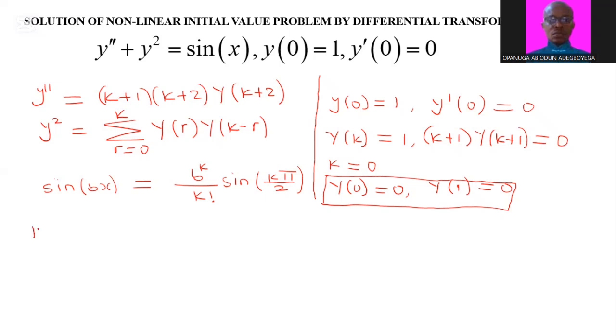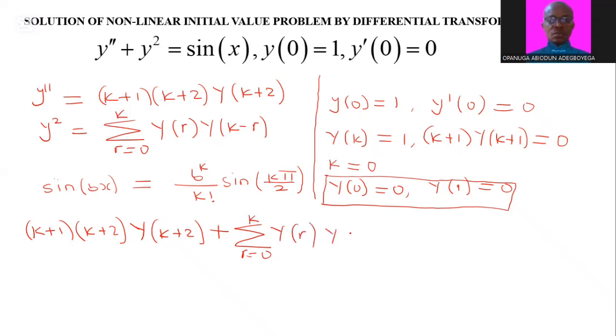So these transformed terms of the differential equation will be substituted into the differential equation as follows. For y double prime, we substitute (k+1)(k+2)Y(k+2), plus the summation for y squared, from 0 to k, Y(r) Y(k-r), equal to sine.